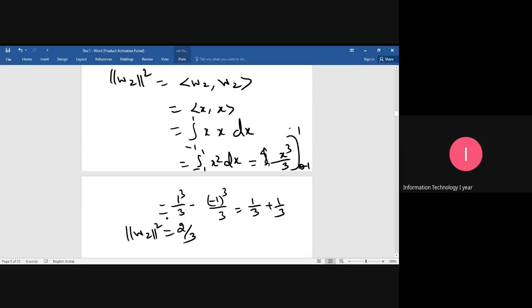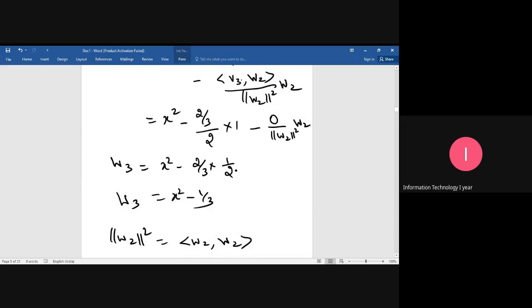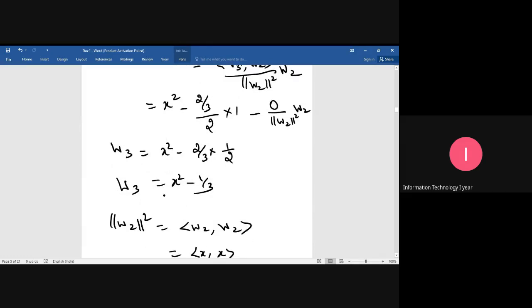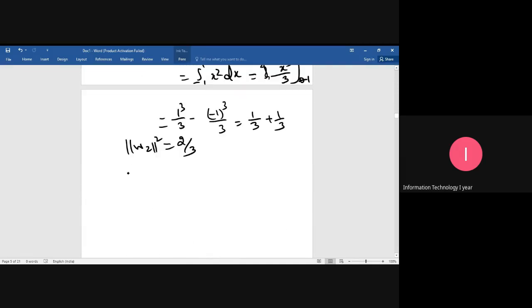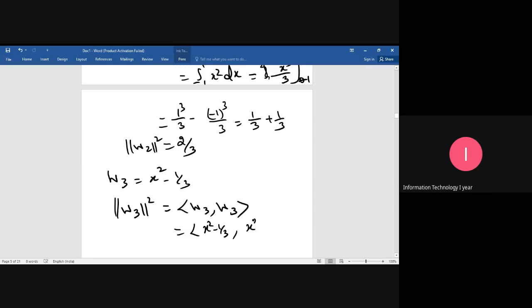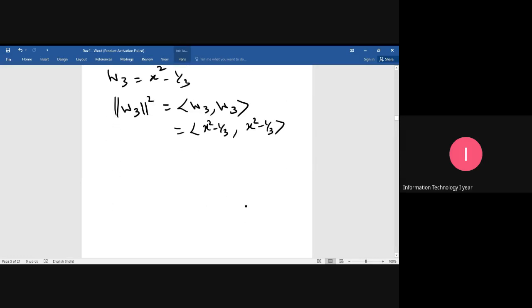So similarly, find out norm W3 square also, because we need it for the final answer. W3 is actually x² minus 1 by 3. So we need norm W3 square. This will be the inner product of W3 comma W3, which is x² minus 1 by 3 comma x² minus 1 by 3. So what is the inner product of f of x comma g of x?